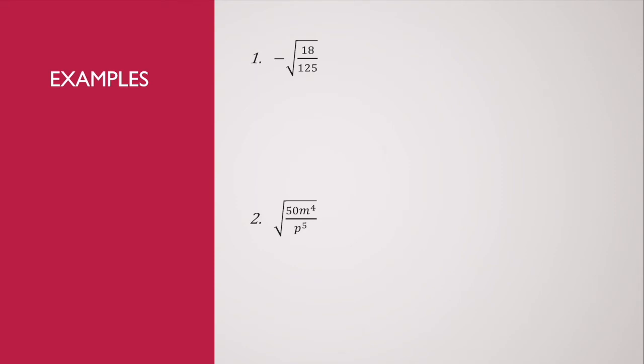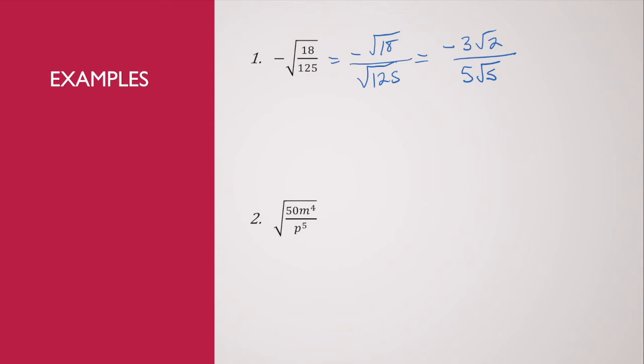So again, we want to go ahead and distribute that radical, right? I've got the square root of 18 over the square root of 125. The square root of 18, that's 9 times 2, so that simplifies to negative 3 square root of 2. The square root of 125 is 5 cubed, so I'd have 5 square root of 5.